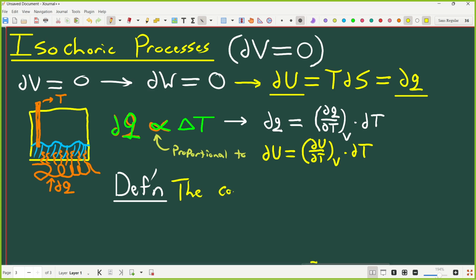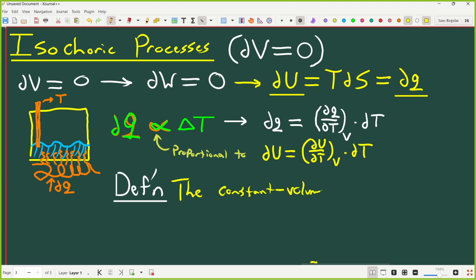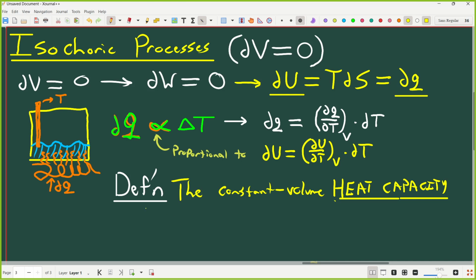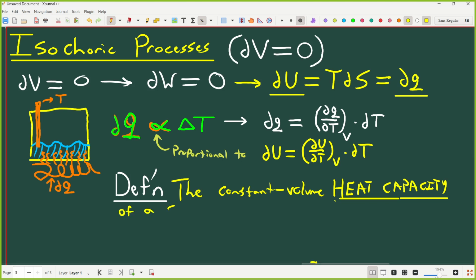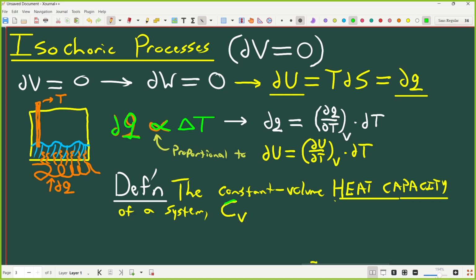So the constant volume heat capacity of a system, and the label that we use for constant volume heat capacity is C sub V. I'll give that a different color just to drive it home.